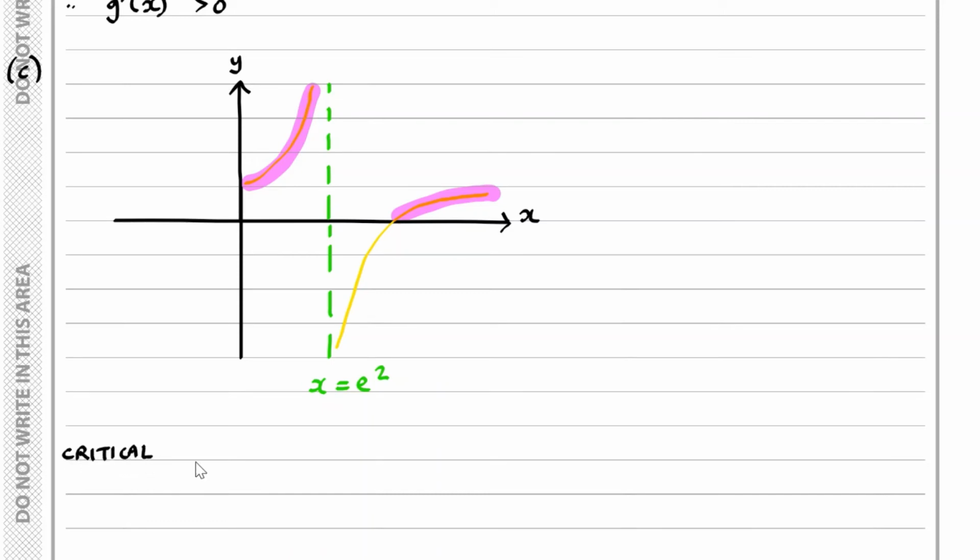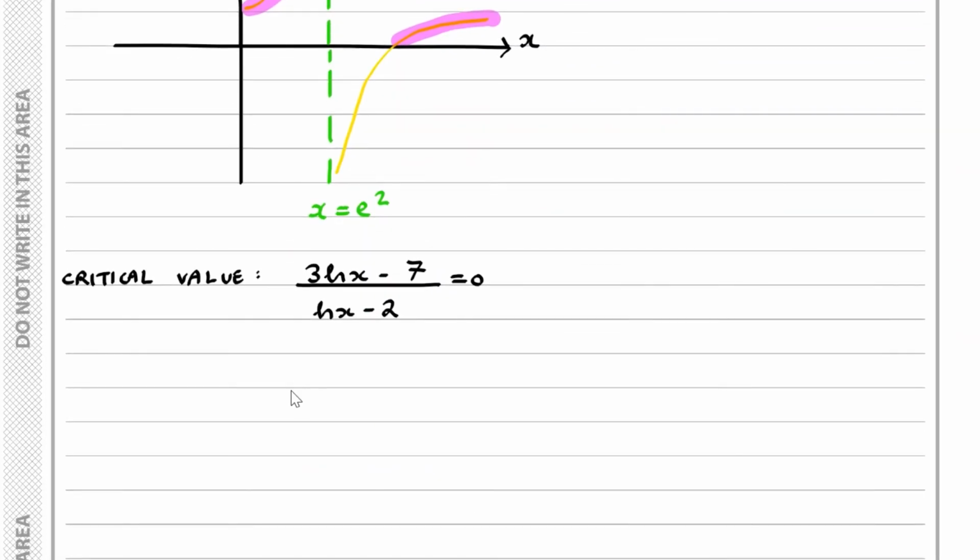So to find the critical value, which is this point over here, we have 3 times the natural log of x minus 7 over the natural log of x minus 2 equaling 0. So we've got 3 times the natural log of x minus 7 equaling 0.